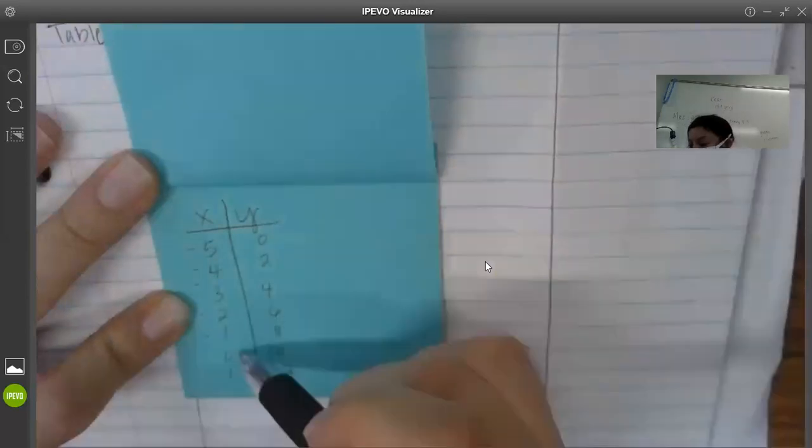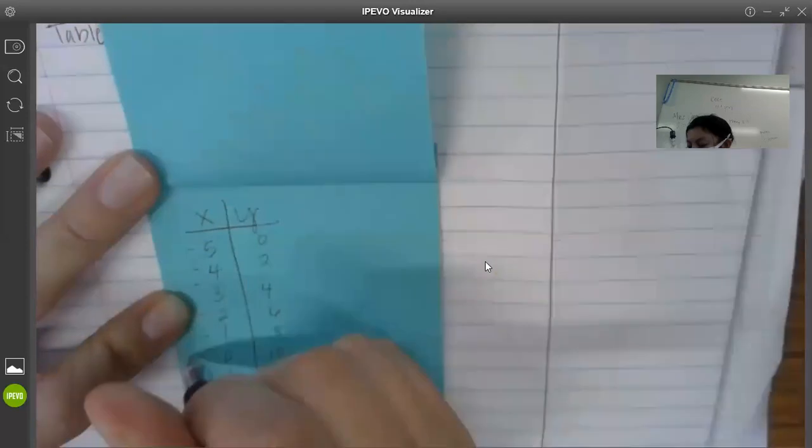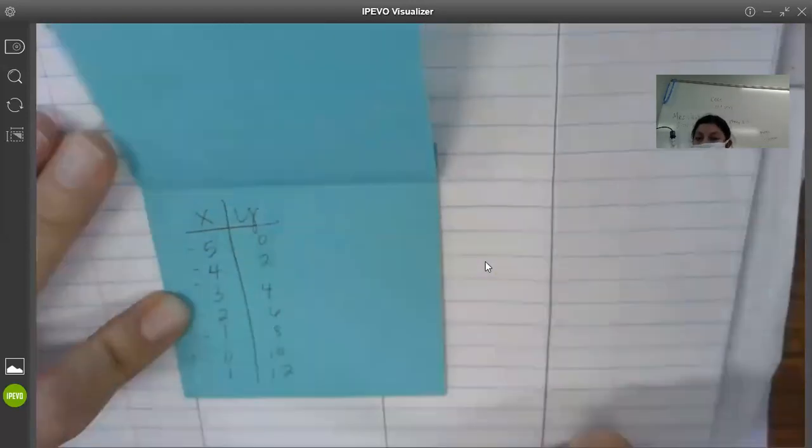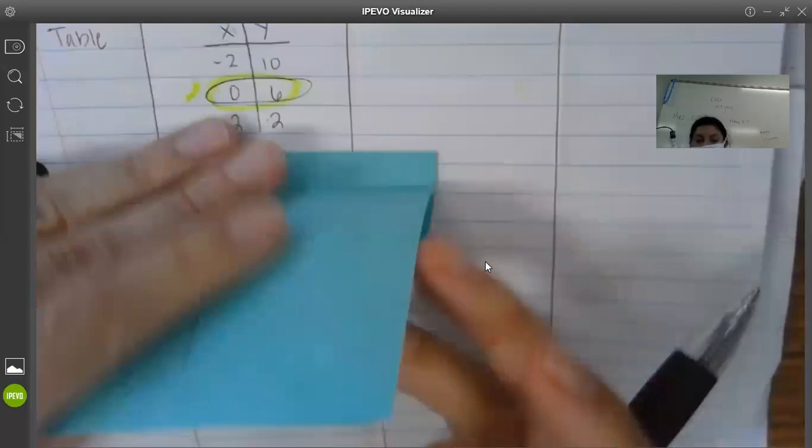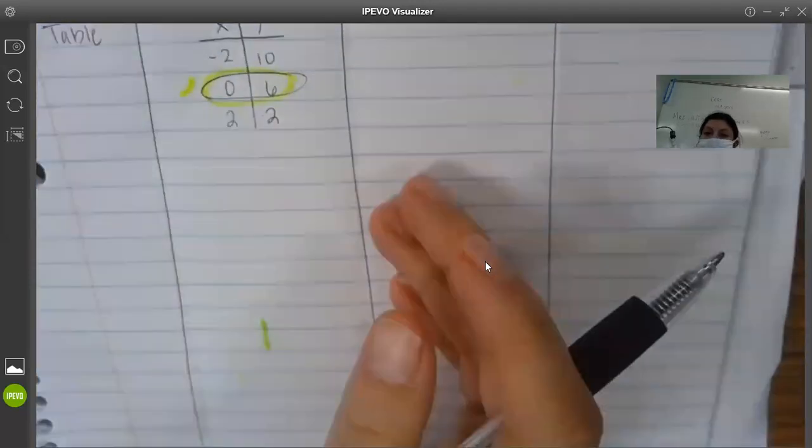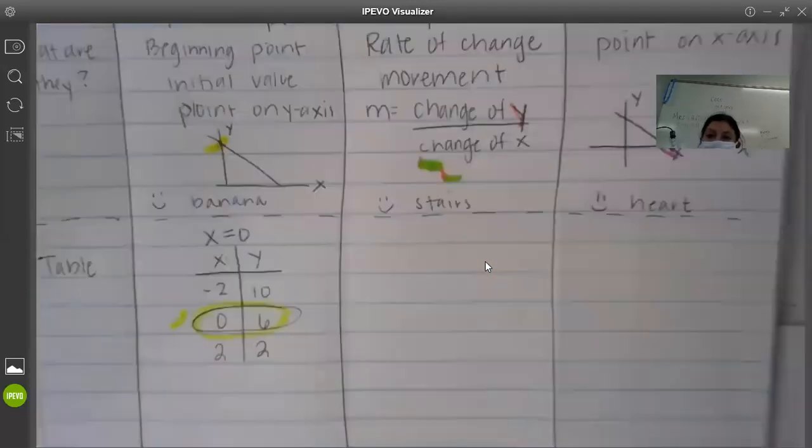You look where X is 0, right there. That would be your beginning point. Your banana would be at 10. Y-intercept would be at 10. So that is for the y-intercept. How do you feel? Does that make sense?